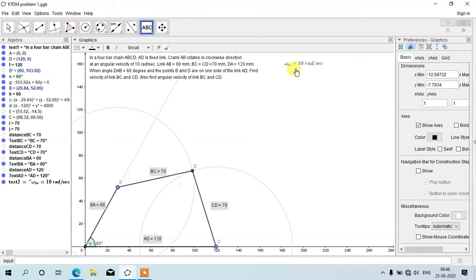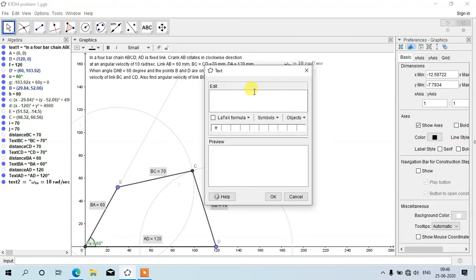Okay, so we are given the angular velocity of this link BA, equal to 10 radian per second, and we are given the length of this link AB. So we can easily find the velocity of link BA.